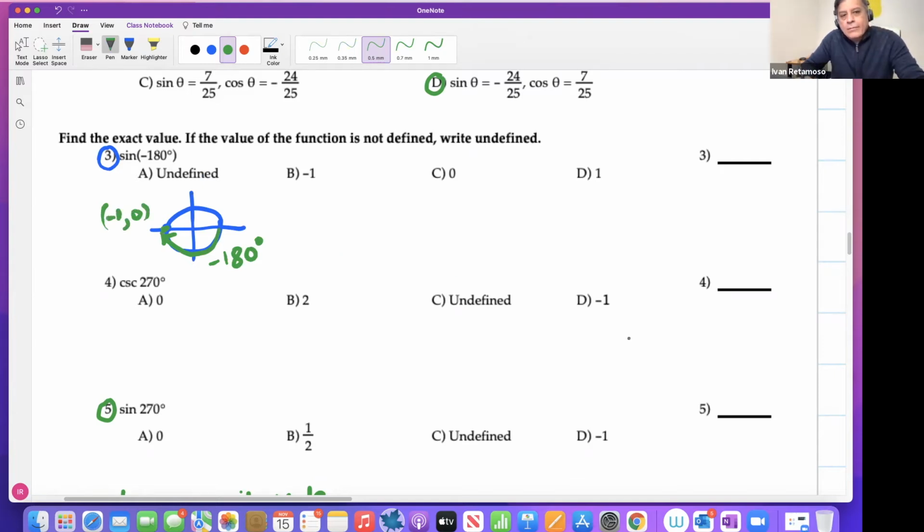So recall that the first coordinate in the unit circle gives you cosine, the second coordinate gives you sine, right? So try to do this, figure out the sine of negative 180 using the unit circle.